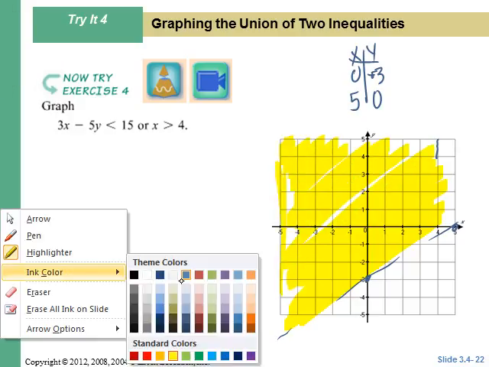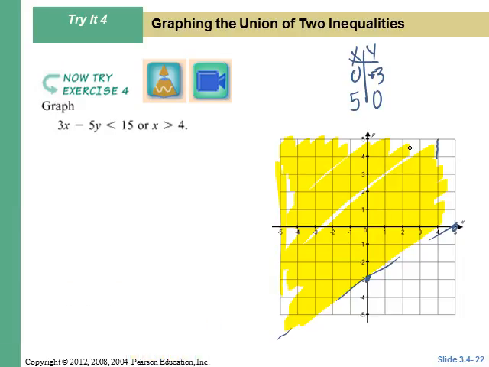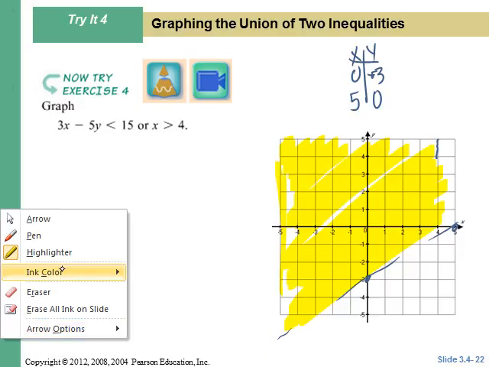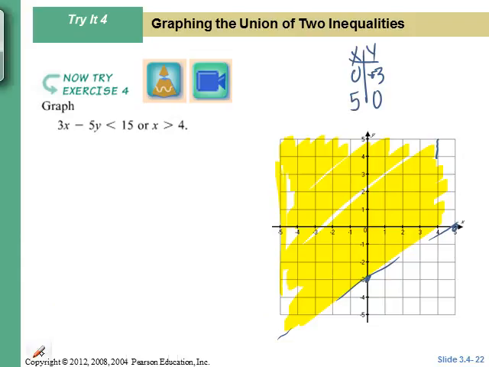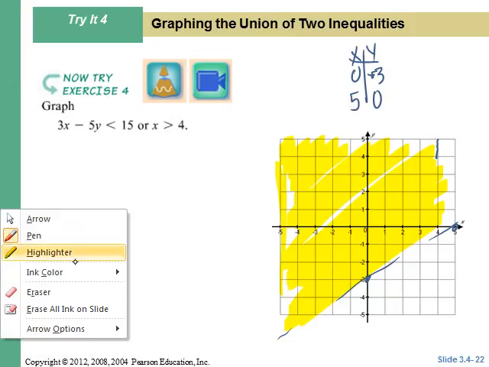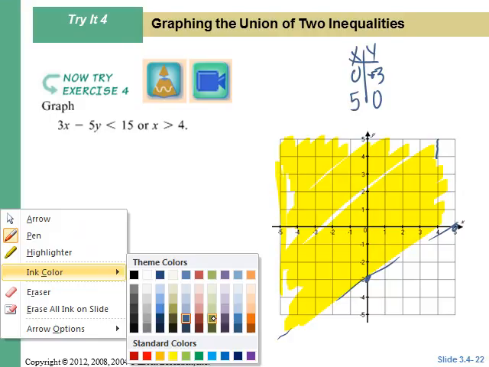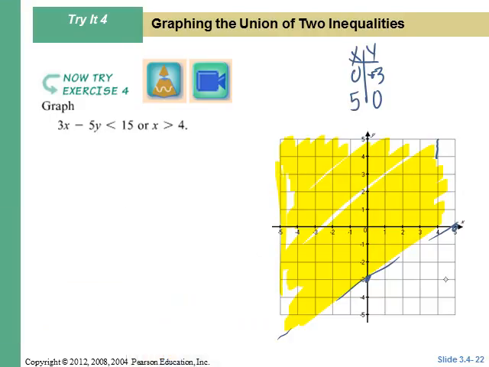Let's try the other one. I'm going to change colors for it. X is greater than 4. Oops, I didn't do that right. X is greater than 4.